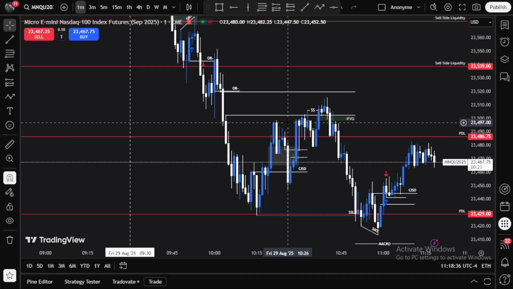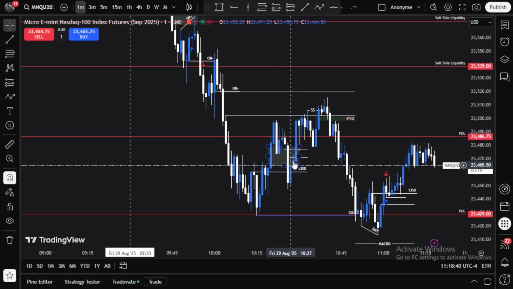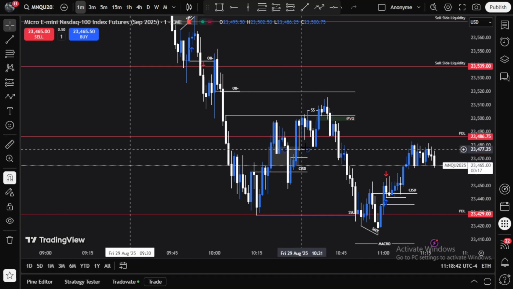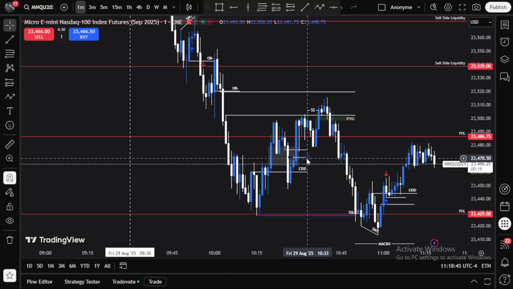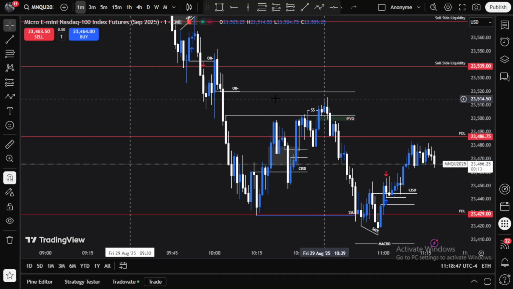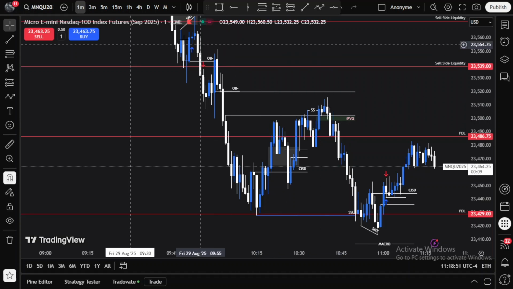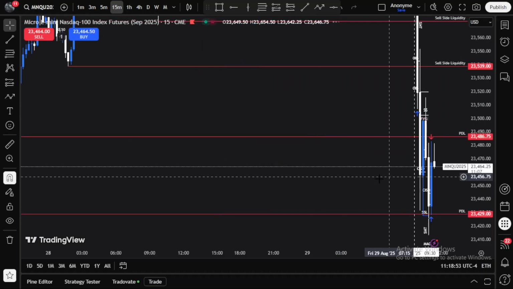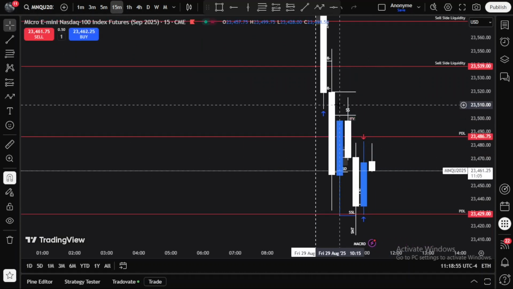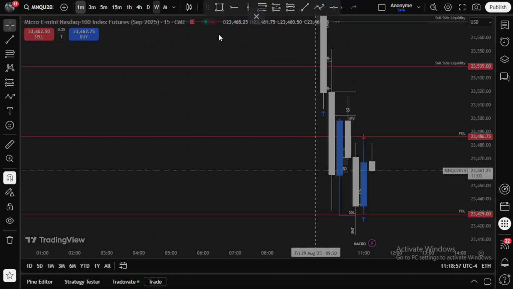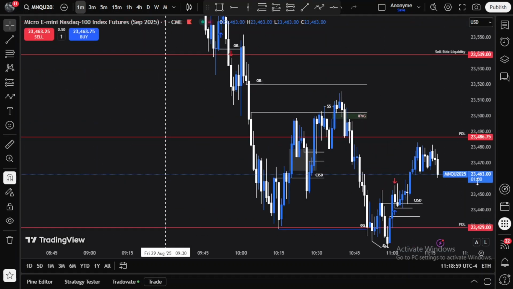I would take a continuation, which I didn't because we inversed this gap and then reinversed it, tapped into this gap and the 15-minute gap. There is a 15-minute gap, let me show you. As you can see, we made an order block.